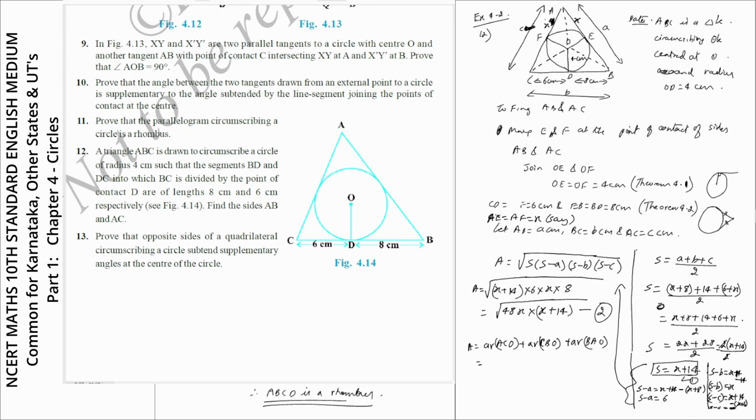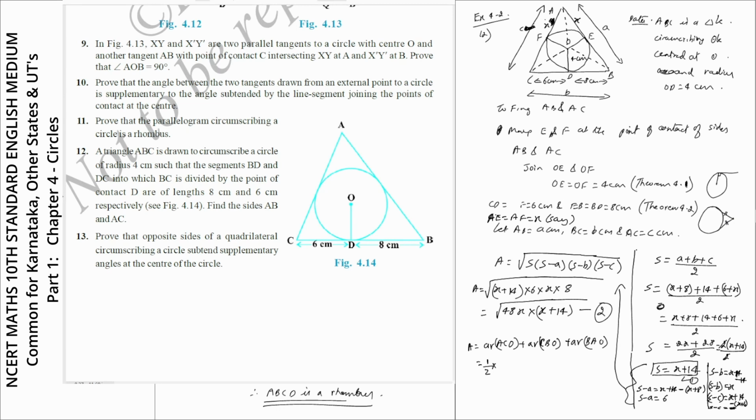Now, in all the three triangles you can observe one thing: all have the same height, that is the radius, 4 centimeter. So area of triangle ACO is given by half base into height. What is the height of triangle ACO? The height is the radius, that is 4 centimeter.